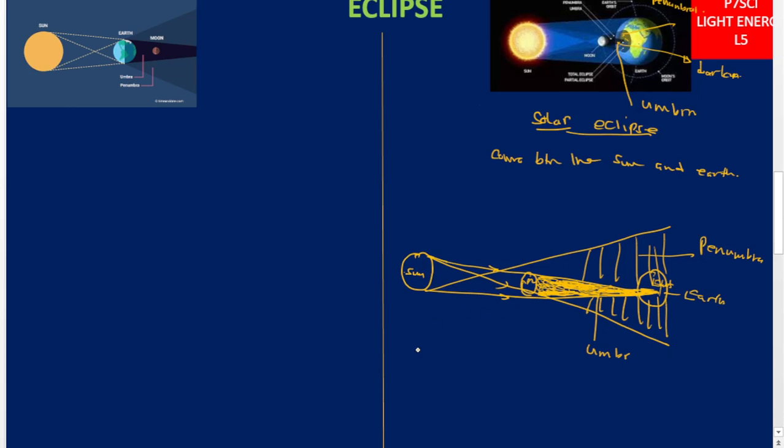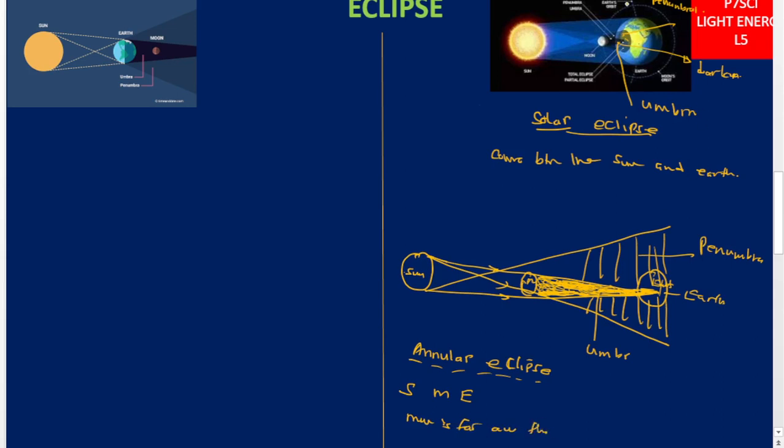Then there is another one which is similar to the solar eclipse, and this is what we call the annular eclipse. With the annular eclipse, it is similar to the solar: the moon is between the sun and the earth. But the difference is the moon is far away from the earth.